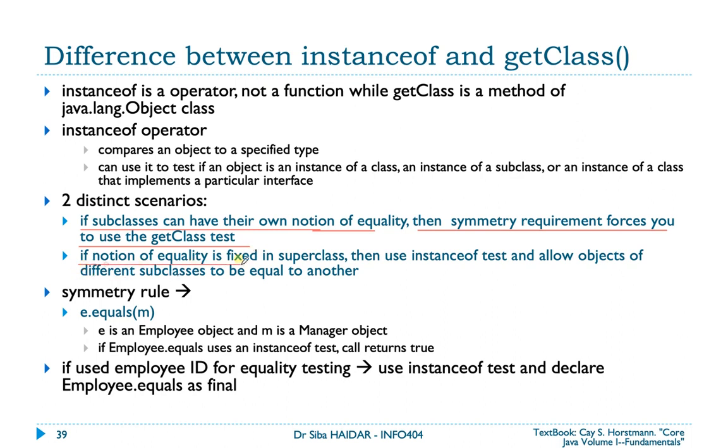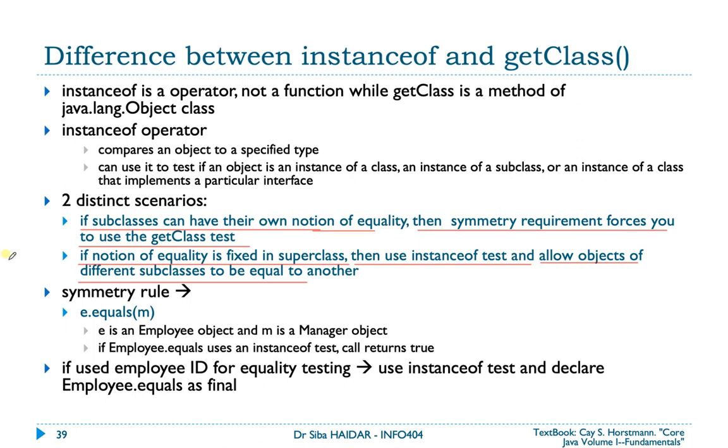If the notion of equality is fixed in the superclass, so if you don't intend to use special features for subclasses in order to decide whether two objects are equal, then you use the instanceof test and allow objects of different subclasses to be equal to one another.